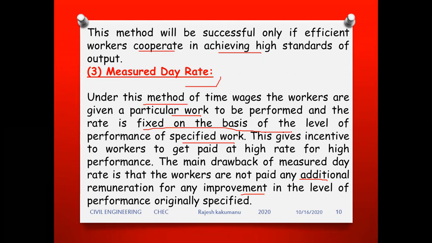So here they will give a limited work. In that limited work, whatever the measurement of the work is, they will fix the salary. This is the salary for this work. So there is no need of showing your extra talent or high skills in this work. Only the limited work is given based upon the specific task.